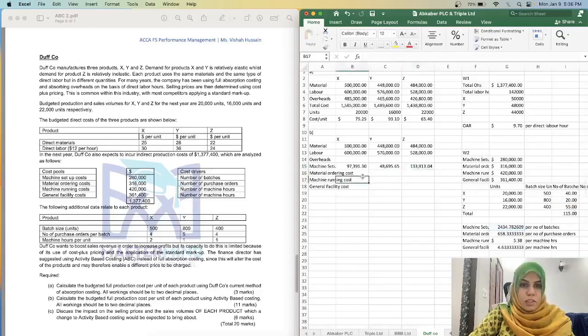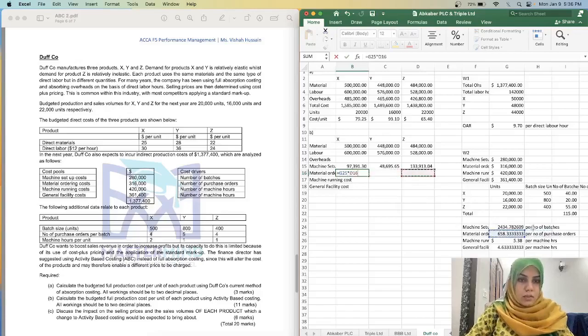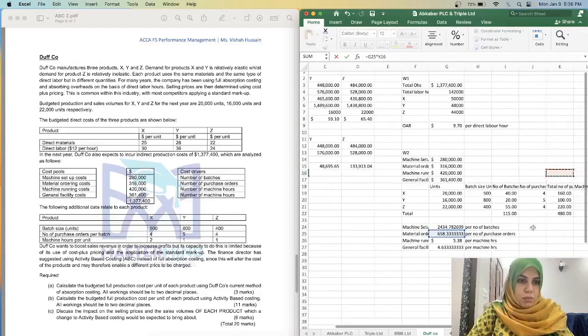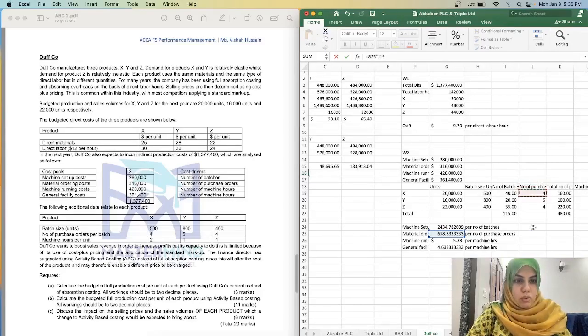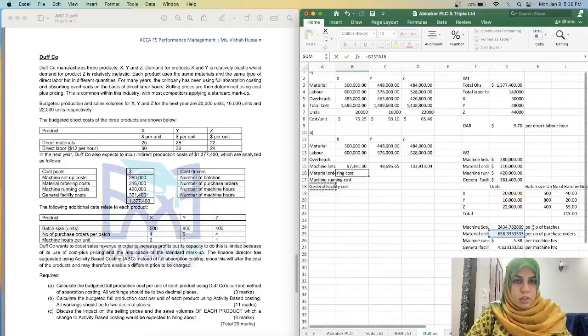I hope this makes sense. Then for material ordering cost, it was per number of purchase orders, which means that per number of purchase orders per batch, right? So 4, 5 and 4.